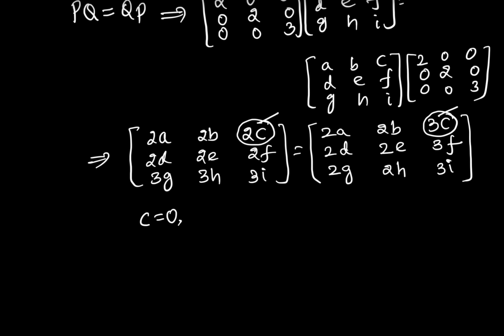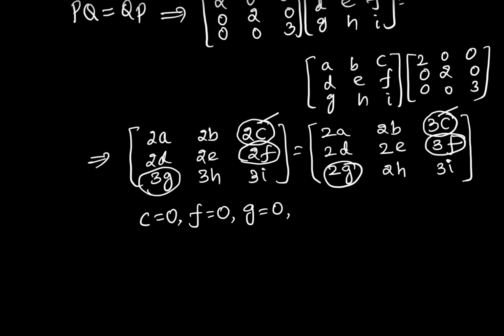Then next, here 2F and there 3F, so F equal to 0. Now 3G and 2G, so G equal to 0. 3H and 2H, so H equal to 0. Then these four elements are 0.